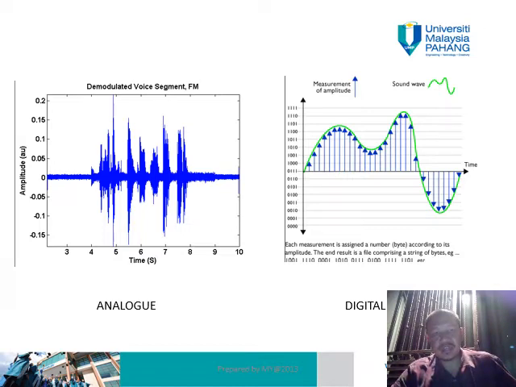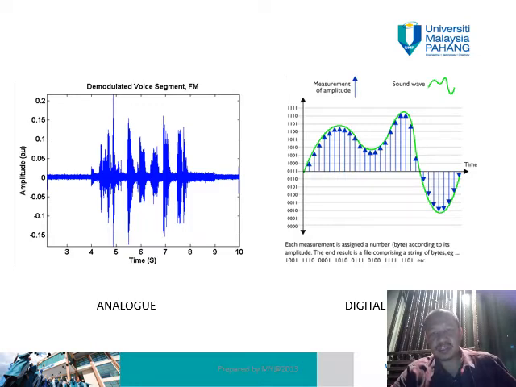This is called the continuous signal or analog, and through certain processes like the sampling process, we convert this signal into digital.